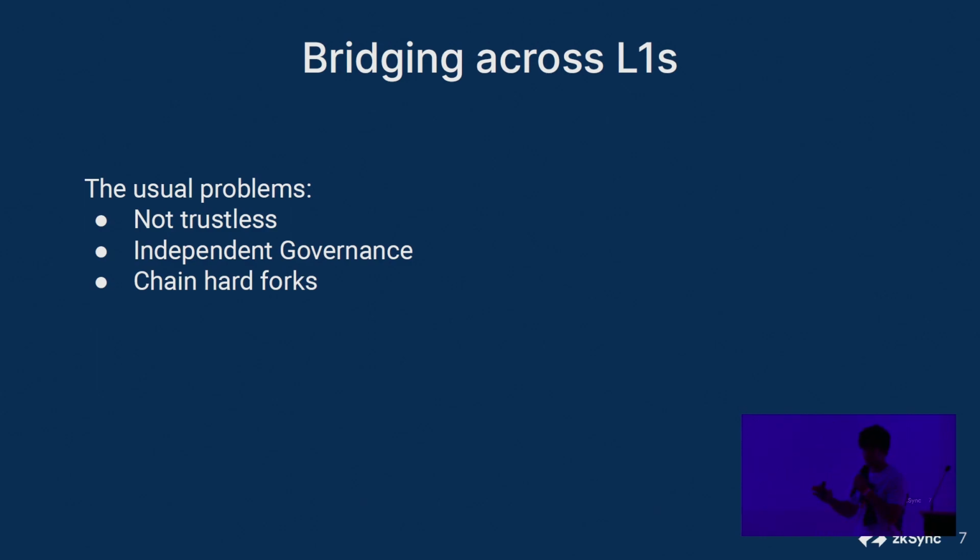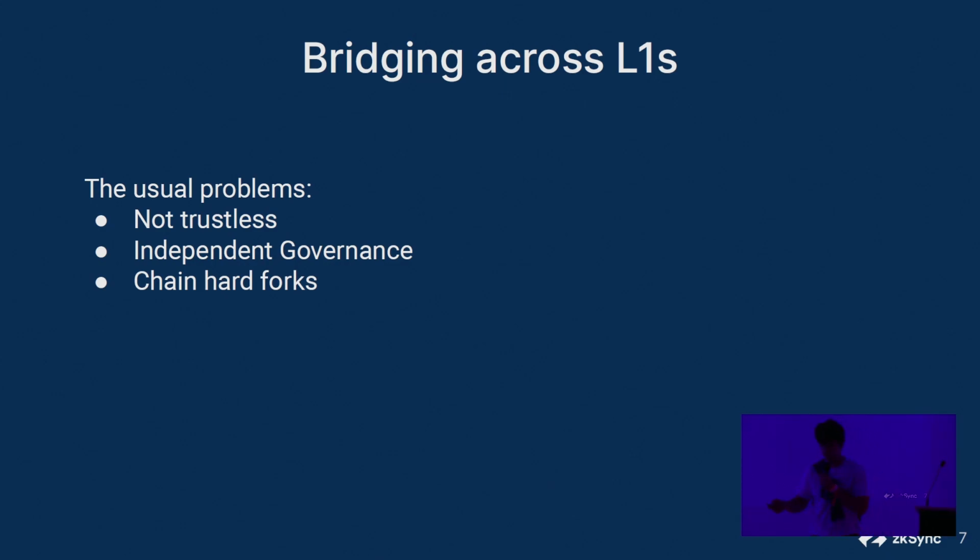General message passing bridges use some sort of economic mechanism. The bridges have some sort of governance mechanism that is independent from the chains. This is important because if the bridges are hacked, then the governance mechanism can interfere to fix the bug. But this is also an additional risk assumption.